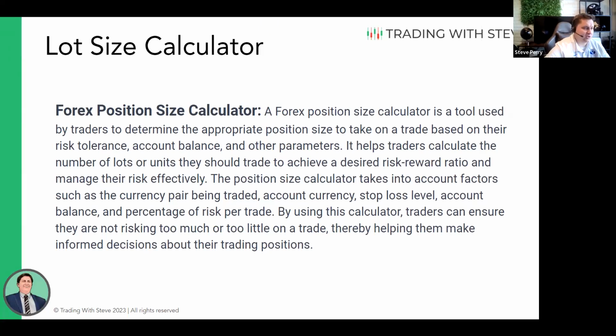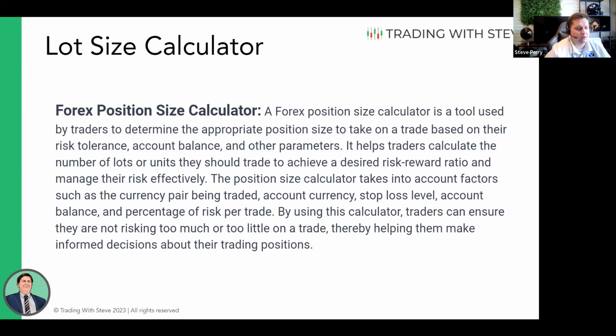So what is a position size calculator? It's also known as a lot size calculator. It could go either way. I'll just read this here. It says a Forex position size calculator is a tool used by traders to determine the appropriate position size to take on a trade based on their risk tolerance, account balance, and other parameters. It helps traders calculate the number of lots or units they should trade to achieve a desired risk reward ratio and manage their risk effectively.